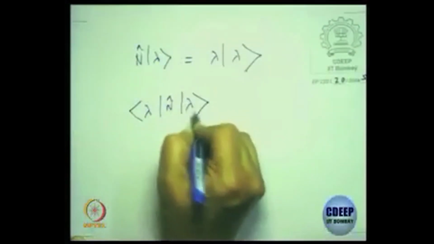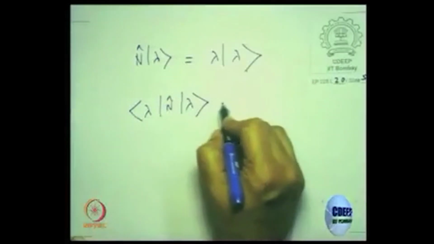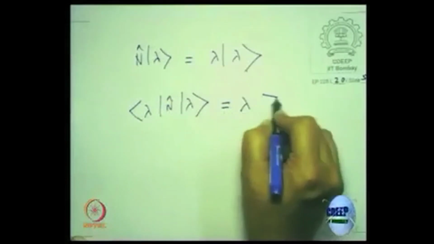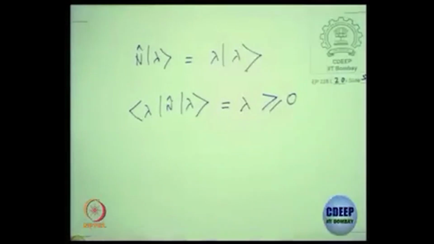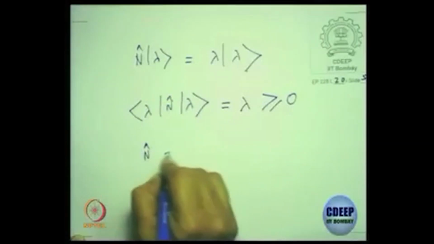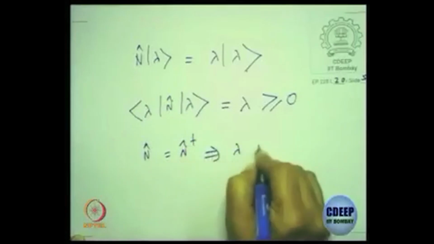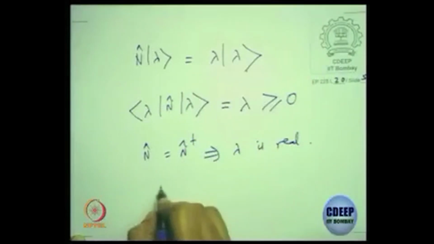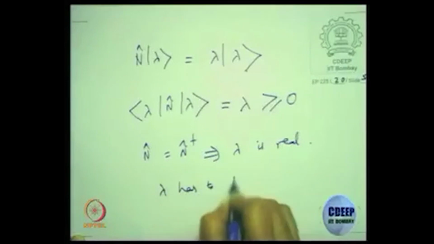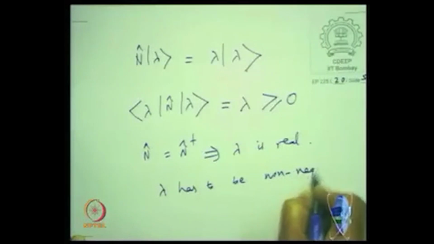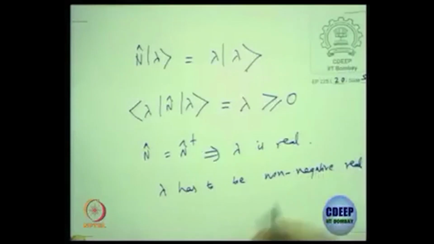So when I write n hat on lambda to be lambda times lambda, if I try to find the expectation value of a particle in the state, this will give you lambda, and this has to be greater than or equal to 0, and n hat is Hermitian, which implies lambda is real, so lambda has to be a non-negative real eigenvalue.